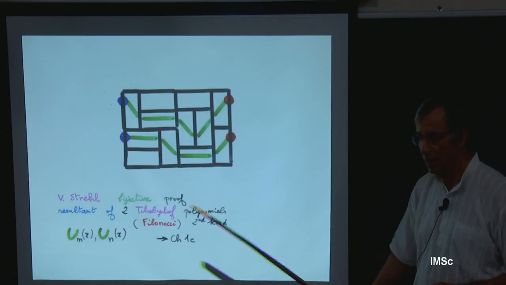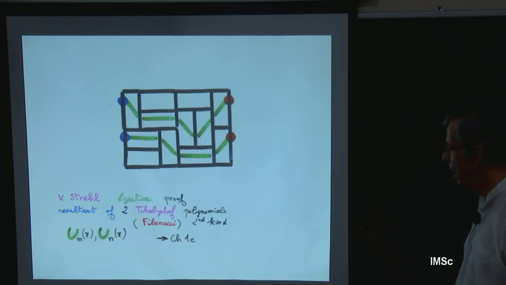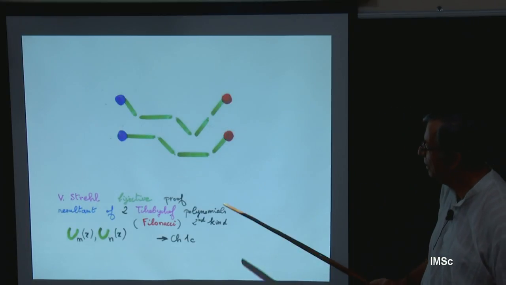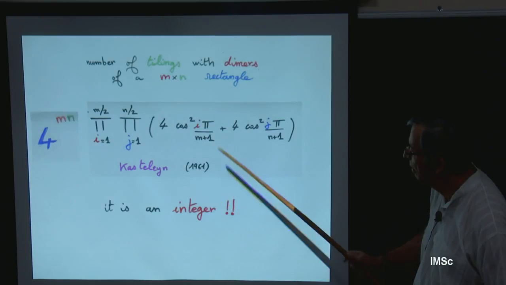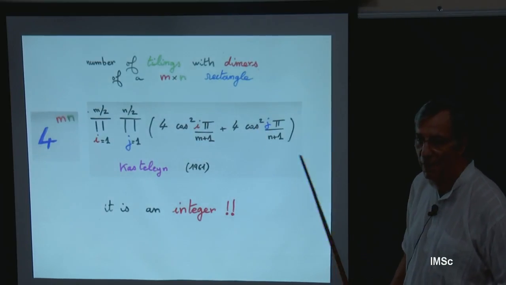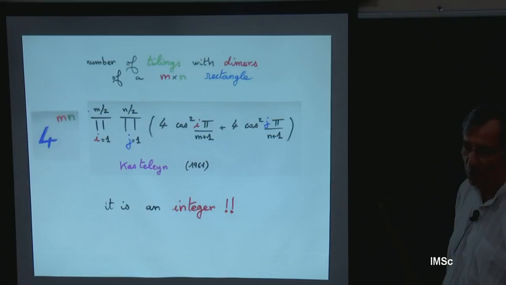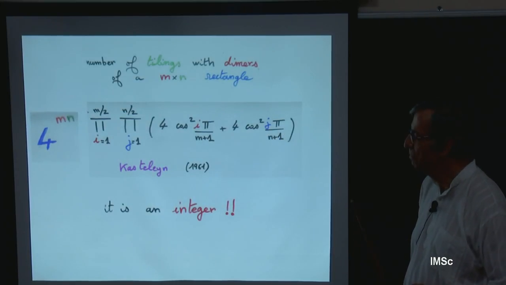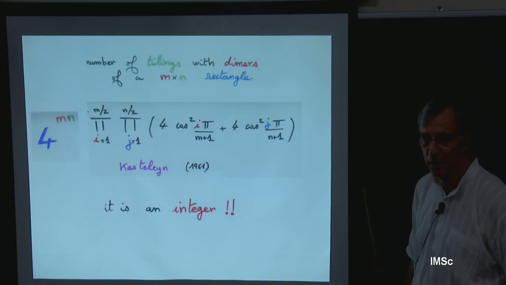And this has been done by Volker Strehl. It's a long proof. There are several bijective tools to use. And it shows that, in fact, in this terrible formula, you recognize the zeros of Chebyshev. Go back to chapter 1 or 2. There is a zero of Chebyshev involved in this. So there is a Fibonacci. Chebyshev was a matching polynomial of a path.